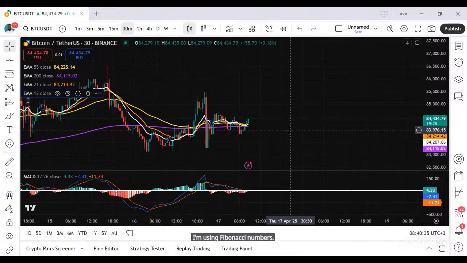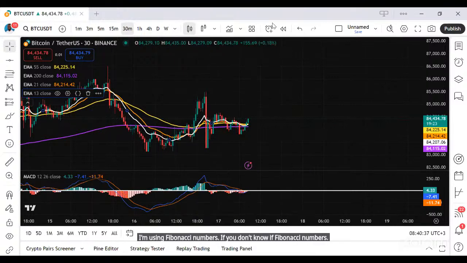If you don't know Fibonacci numbers, just come on Google. Let me use any browser here very fast. I may not have the time to explain what Fibonacci numbers are, or what we call Fibonacci sequences.